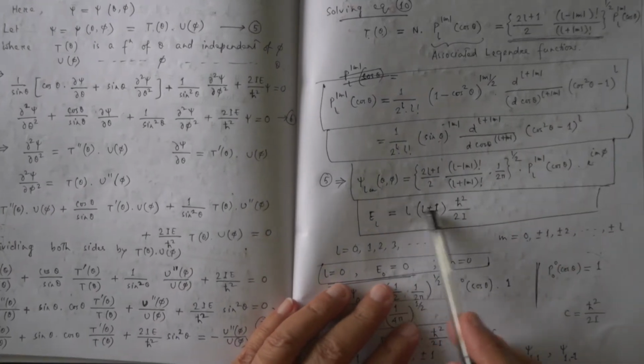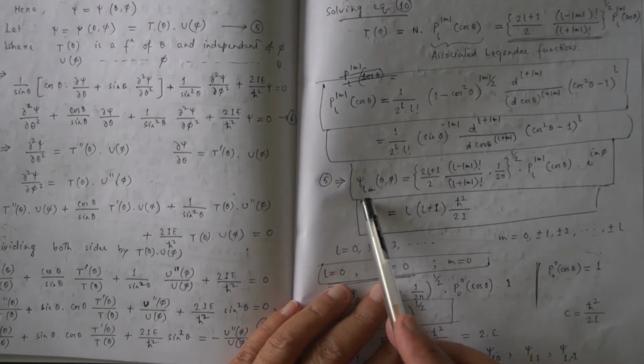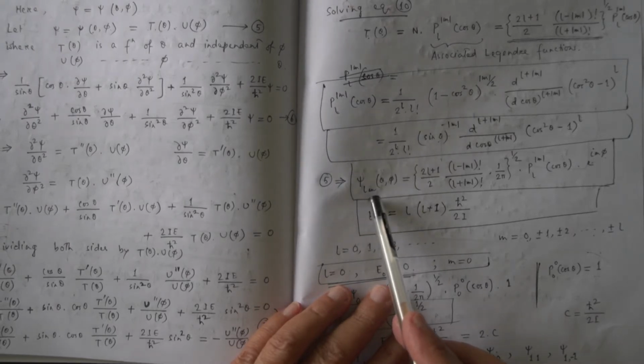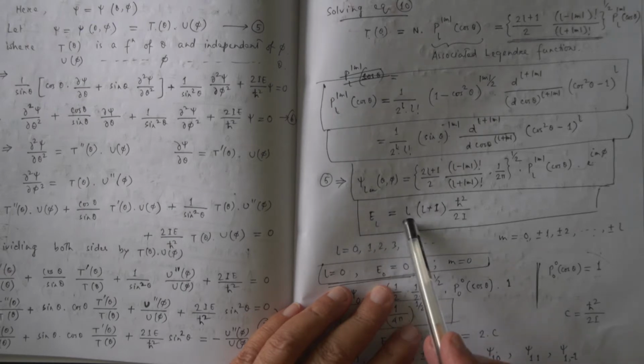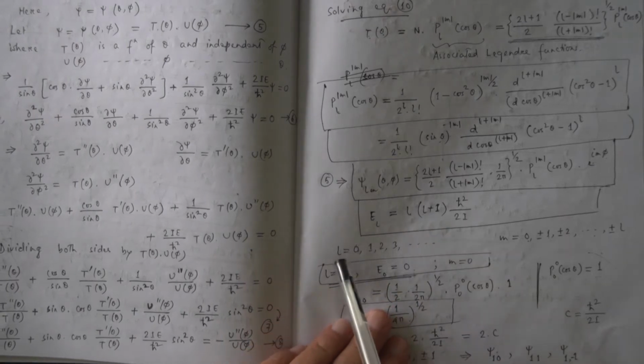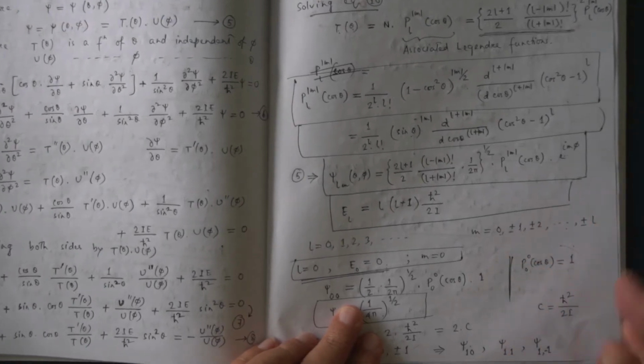The wave function depends on two quantum numbers, L and M, but the energy depends on one quantum number, L. Values of L and M we have already seen.